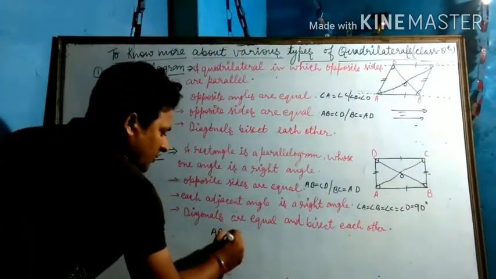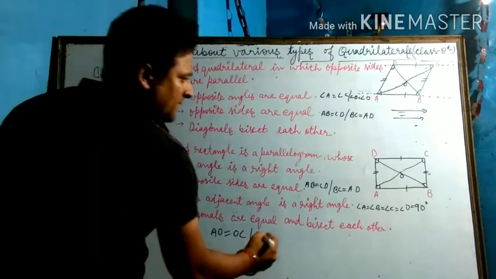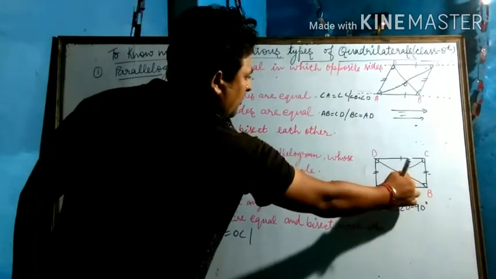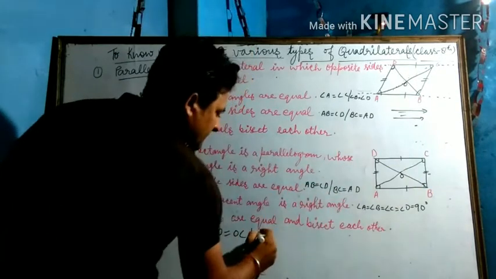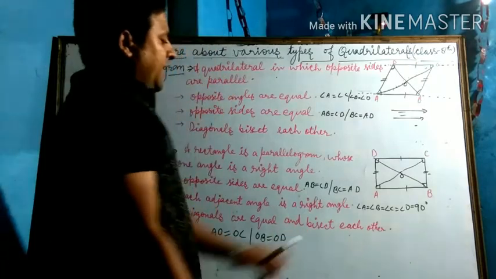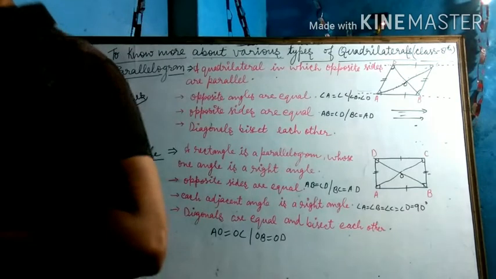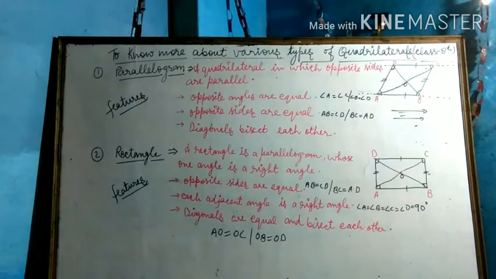AO equals OC and OB equals OD. And they bisect each other. You are saying that they are cutting each other. Cutting means they are intersecting each other, not cutting like a mango. Understand? So I hope you understand these two figures very clearly.